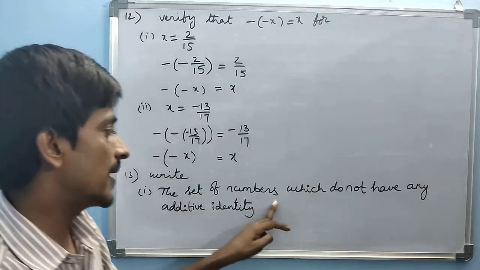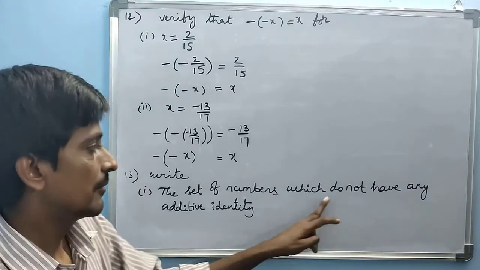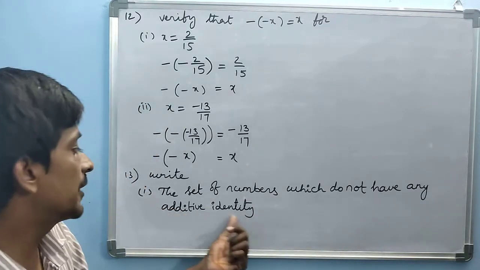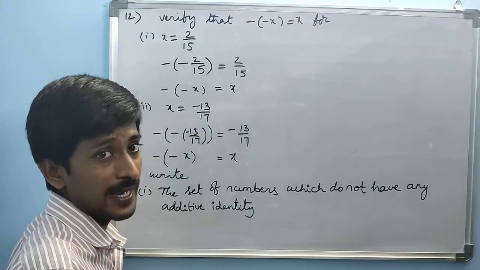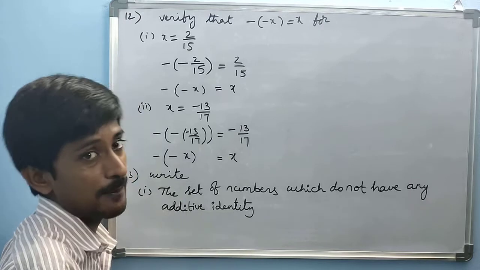So, the set of numbers, which numbers? Which do not have any additive identity. Which number does not have it?